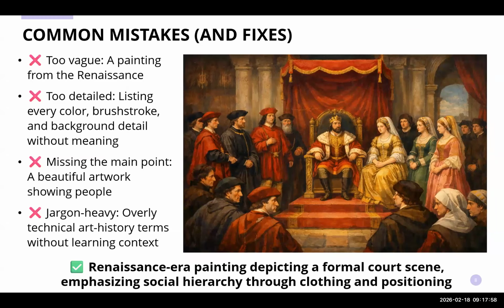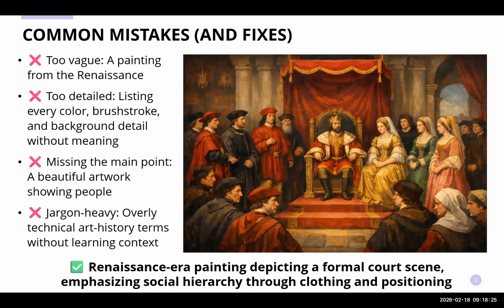Now, this slide is one of my favorites because honestly, most of us have fallen into at least one of these traps when we first start writing image description. It is a bit like learning to write a good thesis statement where you want to find that sweet spot between too much and too little. So first, we have these descriptions which are very vague.